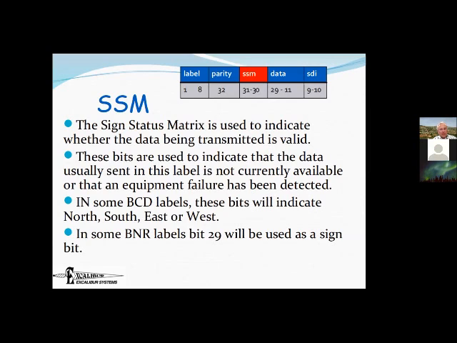Alternatively, let's say the altimeter broke. So the SSM now can be used to say, don't count on me. This data is just garbage data. It's not that it's not new, it's that it's actually garbage. And the 4th possibility is a test mode, which is presumably not used in flight.